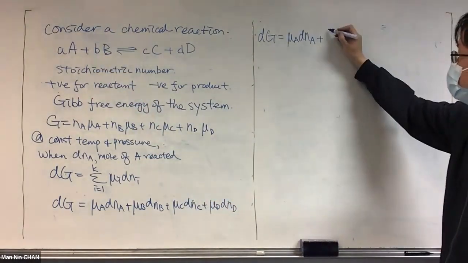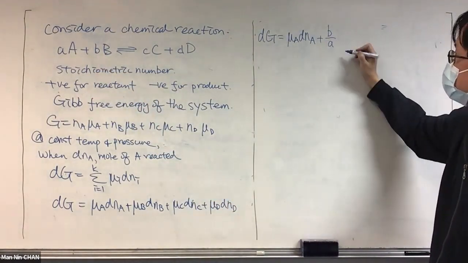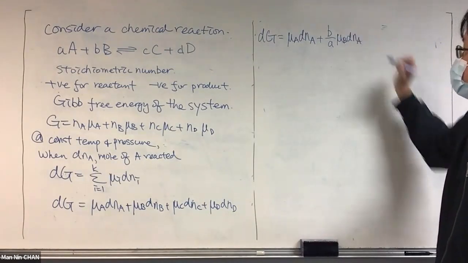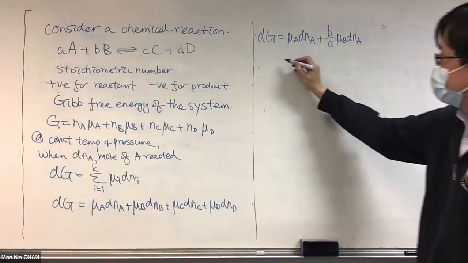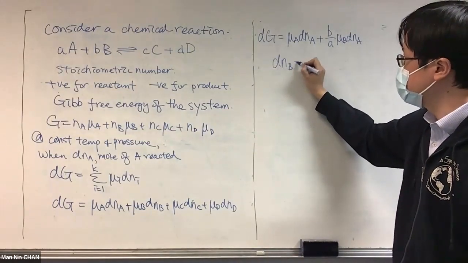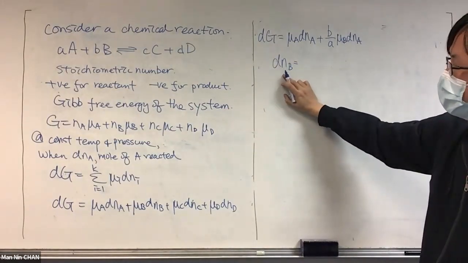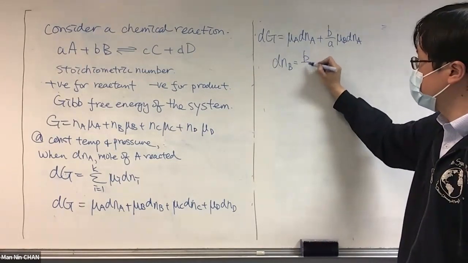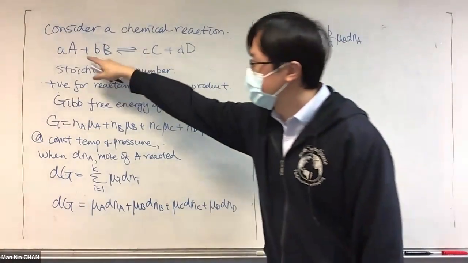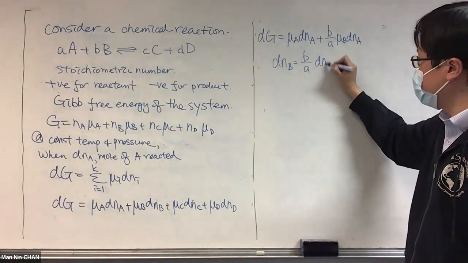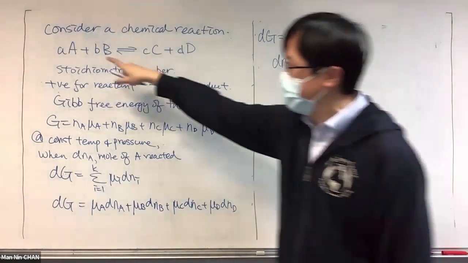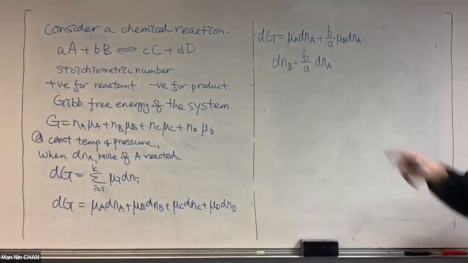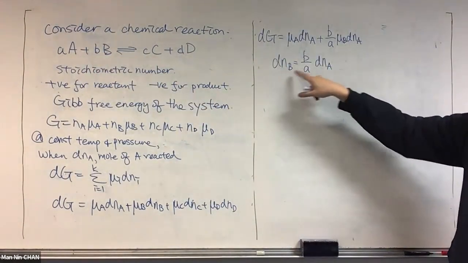So that will be equal to B divided by A times the chemical potential, because B is the number of moles of your B reactant. This term will be equal to the number of moles of your A reactant times this ratio, B divided by A. So this gives you the number of moles of your B reactant.